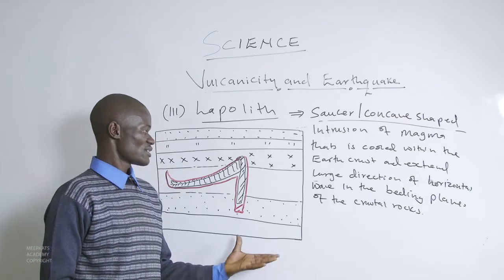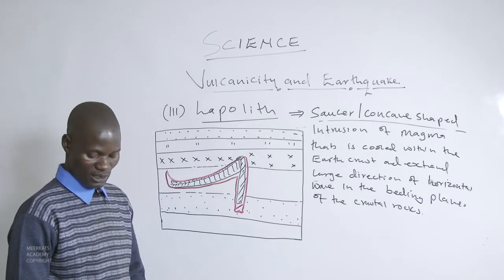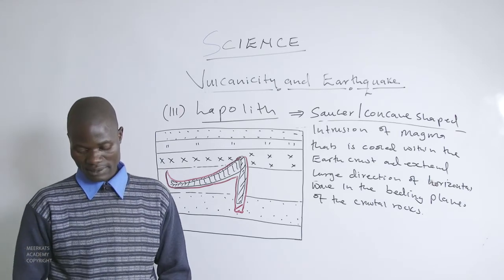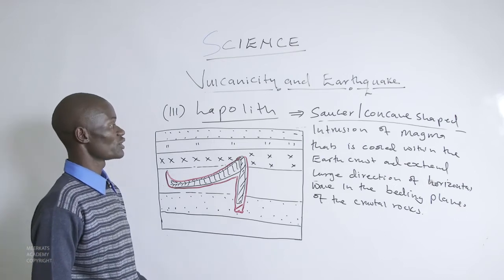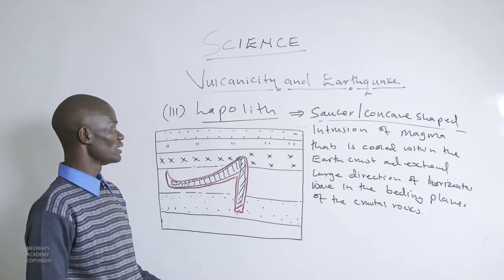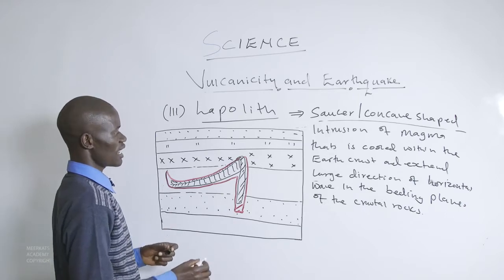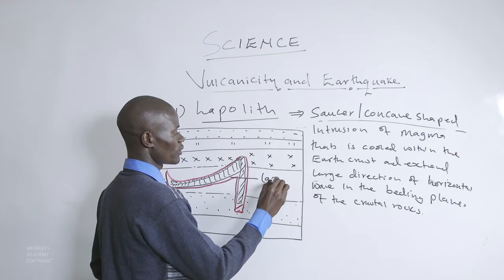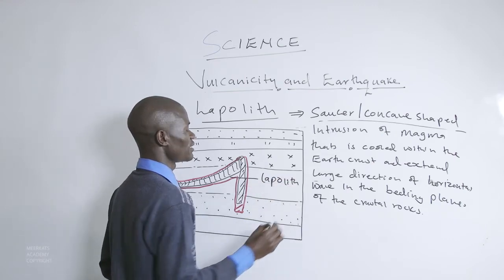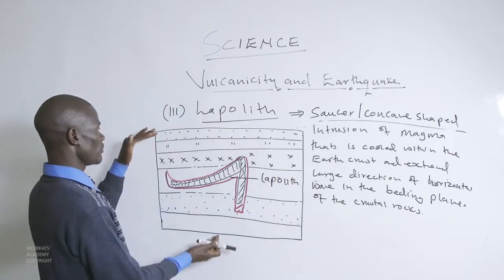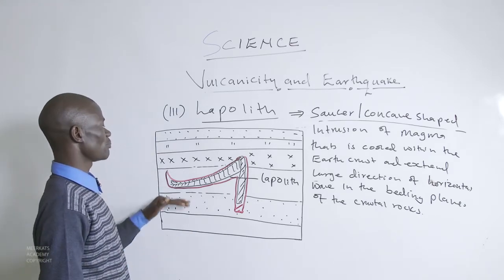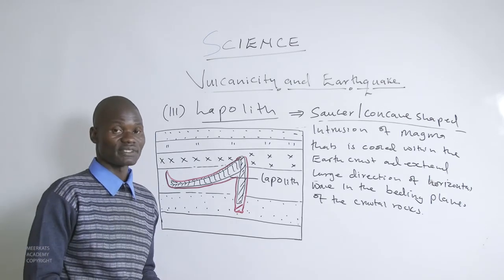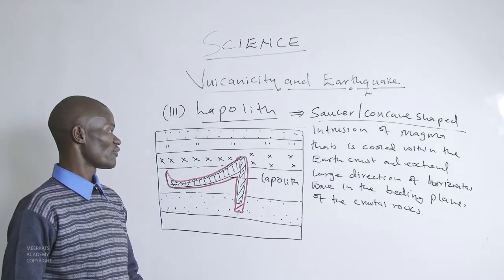Now, when we look at such a feature, it indicates a Laccolith, and how it is formed, we have already seen. This one takes a shape of a saucer, and therefore we refer to it as a Laccolith because it is still found within the bedding planes of the crustal rocks. As a result of that, it has that formation.